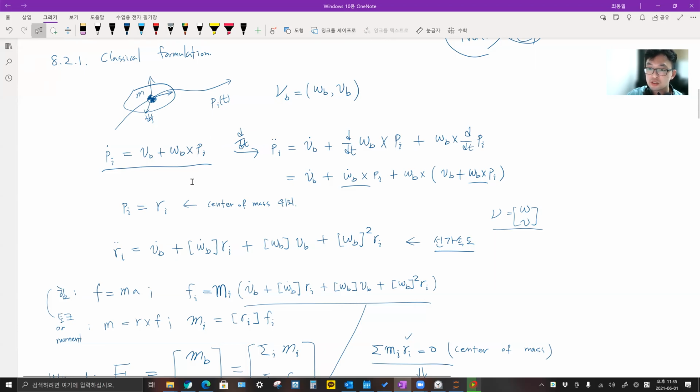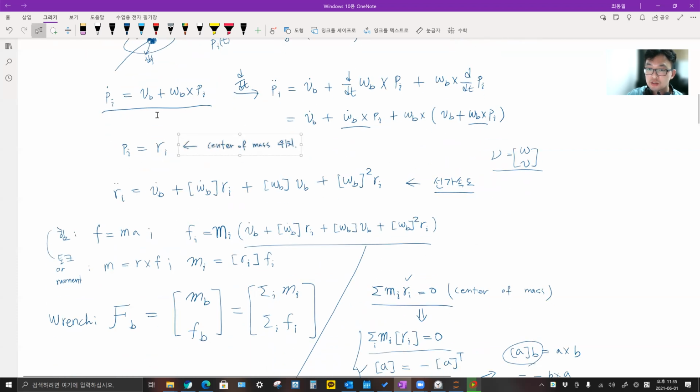So firstly, take the time derivative of this one, plus take the time derivative of this one. So we can calculate like this. And if the P_i is equal to the center of mass, we change P_i to r_i. Then P_i double dot becomes r_i double dot, and the equation becomes like this.